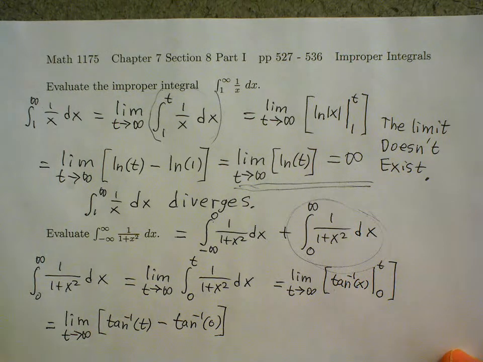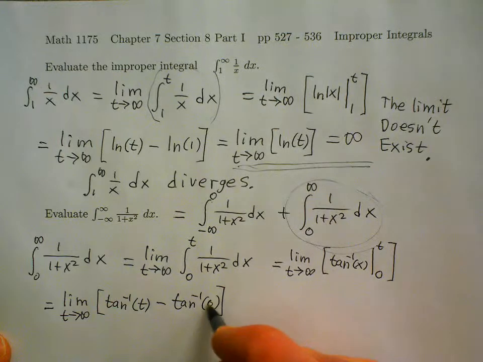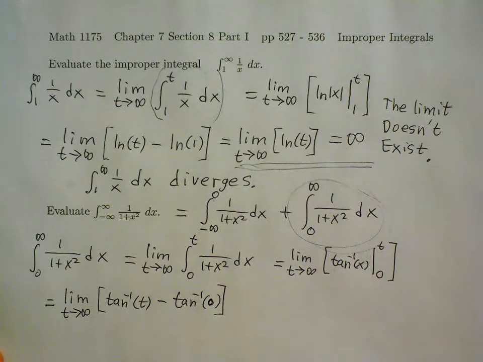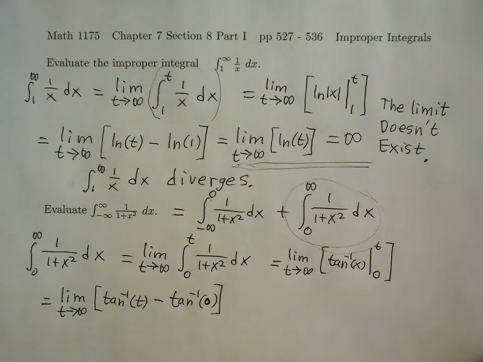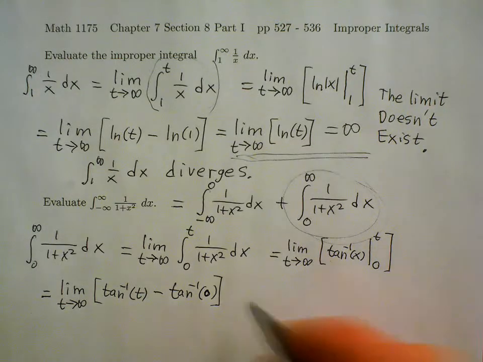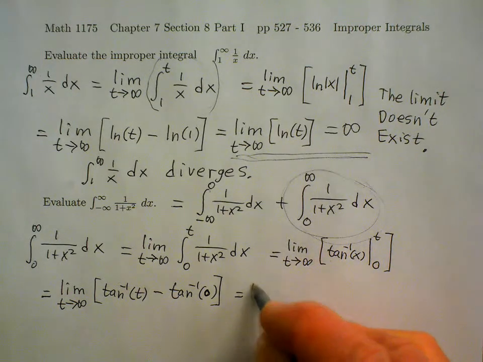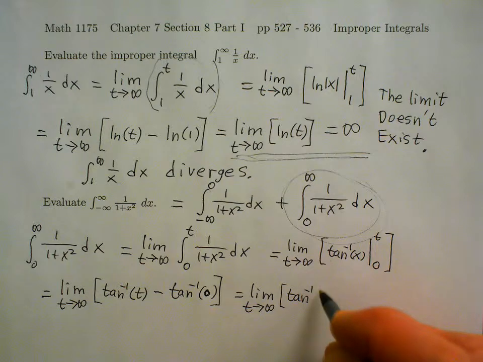Hey, what's the inverse tangent of 0? The angle whose tangent is 0 is 0. The tangent of 0 is 0. So the inverse tangent of 0 is 0. So now we can just focus on the limit as t approaches infinity of the inverse tangent of t.